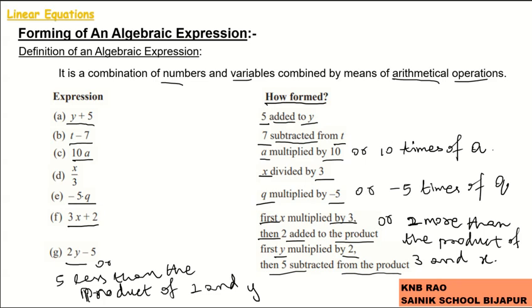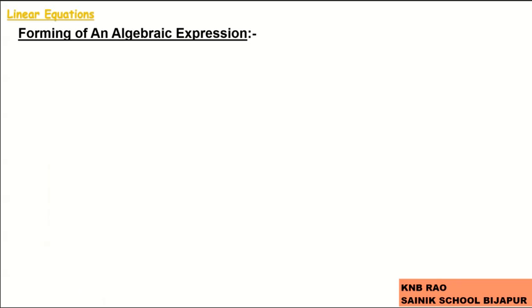Now students, let us get into forming of an algebraic expression when a general statement is given. Give expressions for the following. First one is 12 subtracted from z.